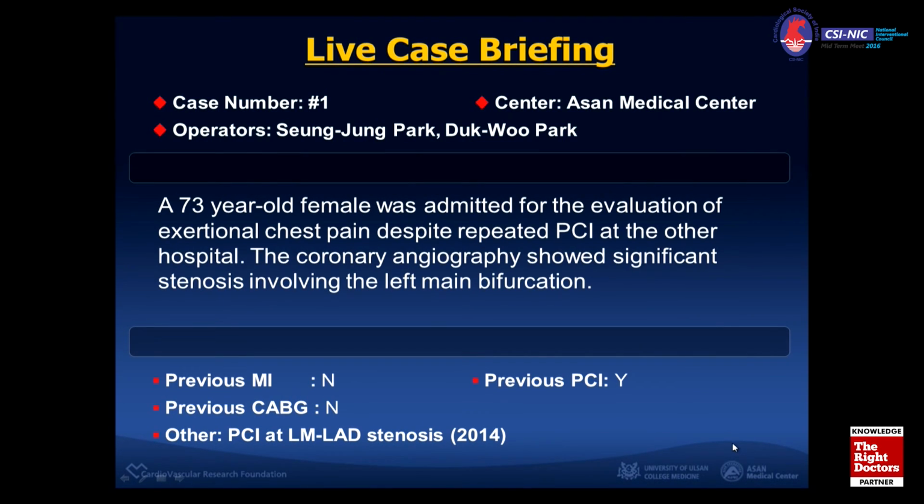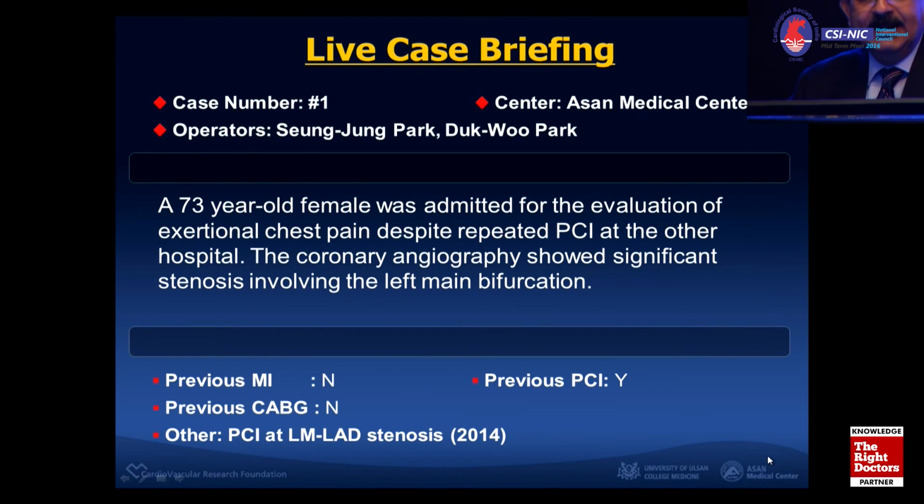This patient is a 73-year-old female admitted with chest pain, and she has a particular past PCI history. Two years ago, she had an LAD ostial lesion and underwent stent crossover from the LAD ostium to the distal left main. One year later she experienced ISR at the LAD ostium and received a drug-eluting balloon for that lesion.